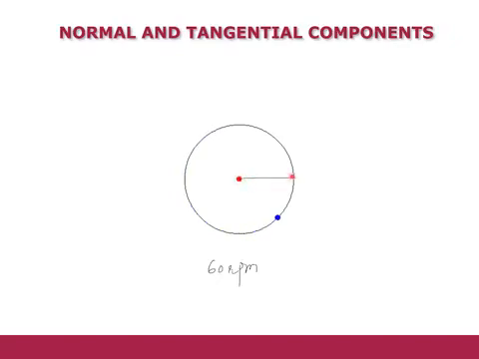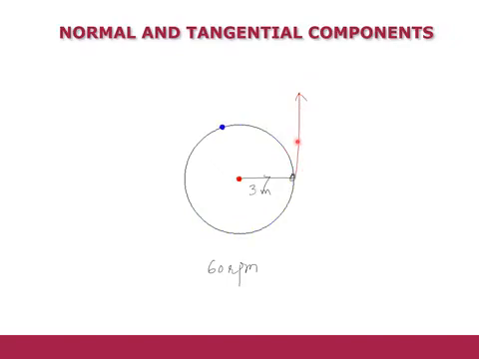As long as this string is okay, the particle will continue to swing in this circular path. Suppose the radius of this path is 3 meters. Suppose when the particle is over here, the string breaks. Now what will happen? The particle will move in this direction, in a straight line.